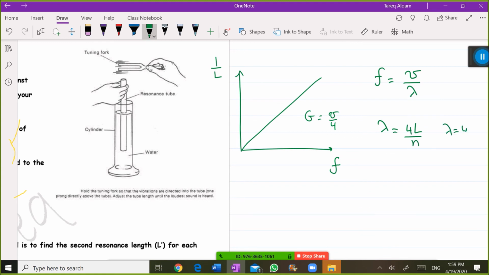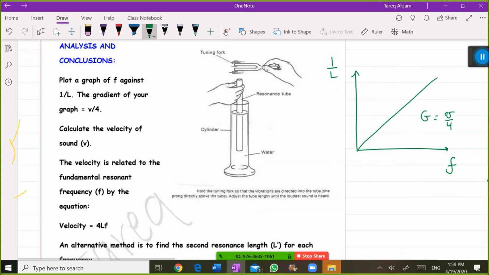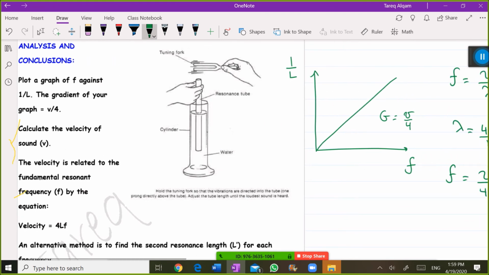Substitute here. Oh, the opposite, sorry. Frequency versus 1 over L. Frequency, right? Frequency versus 1 over L.